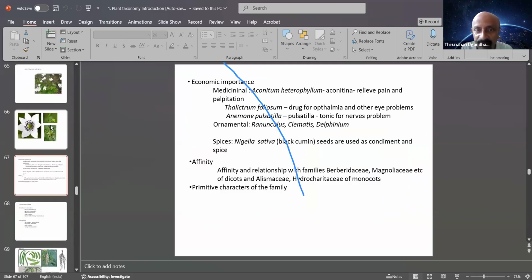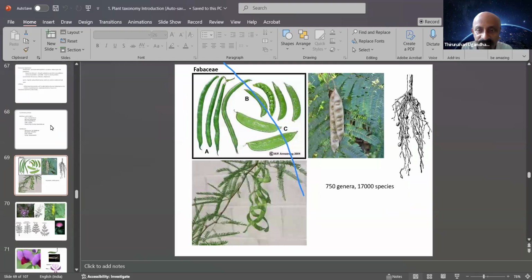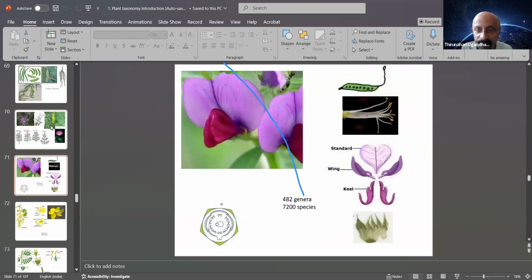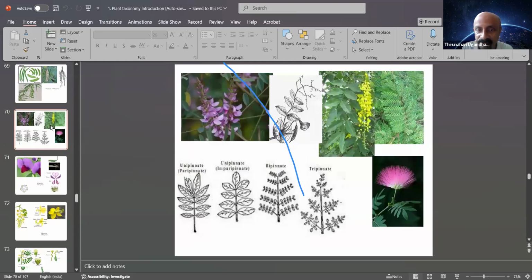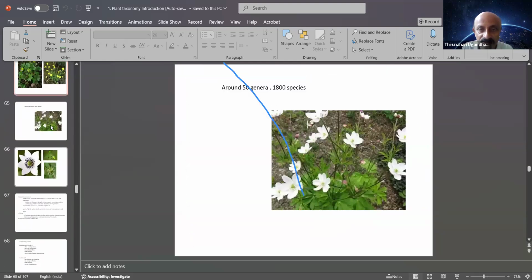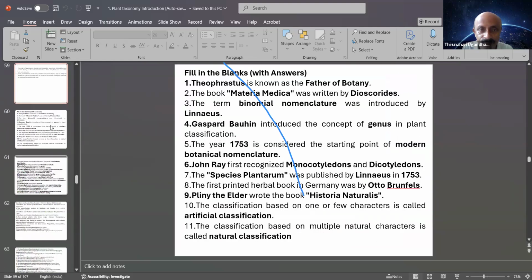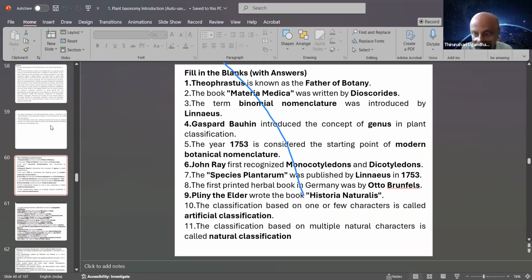This is also a series of fill-in-the-blank bits, important for preparation of CPGET, TG SET and also JNTU. Gaspard Bauhin and Bentham are both the same.